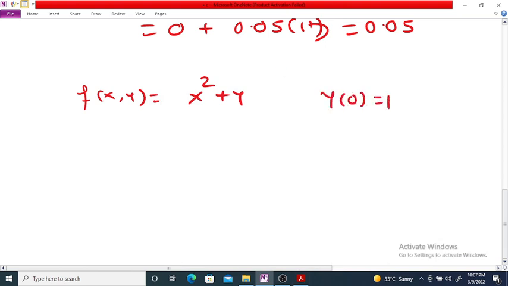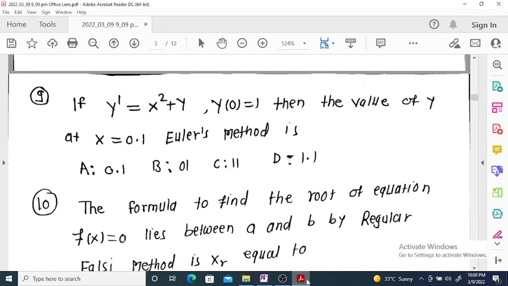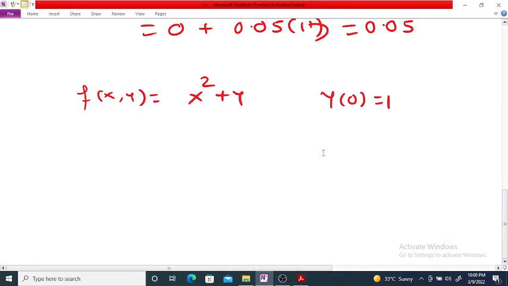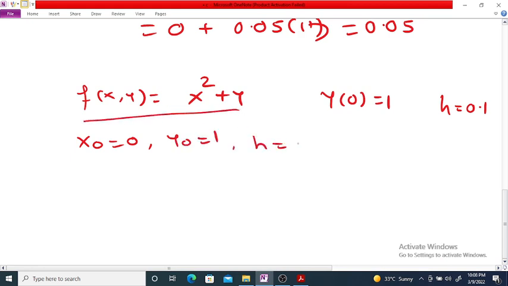The h is not given, h is what? 0.1. h is missing here. So x0 is equal to 0, y0 is equal to 1, f of x y is x square plus y, h is 0.1.